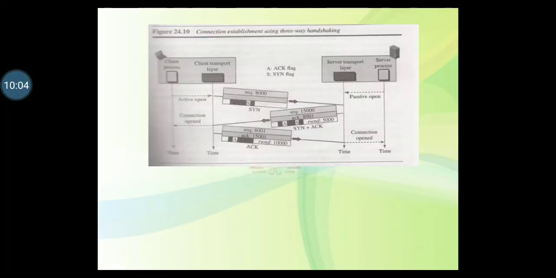Next, we'll see about the TCP connection. We already know that TCP is connection oriented. This connection oriented transport protocol establishes a logical path between the source and the destination. All of the segments belonging to a message are then sent over this logical path.